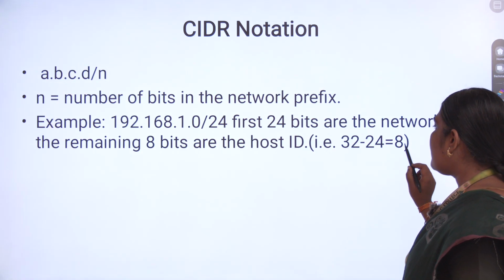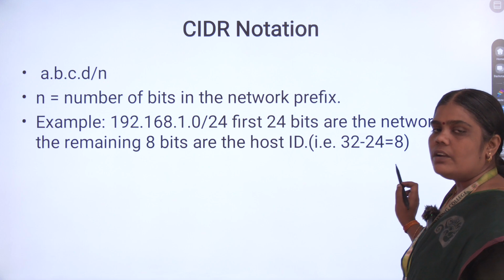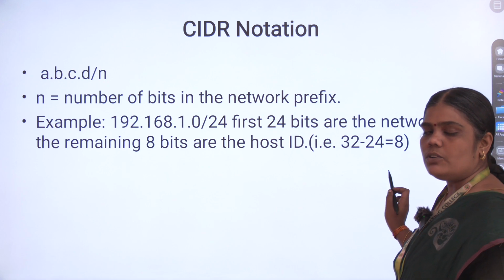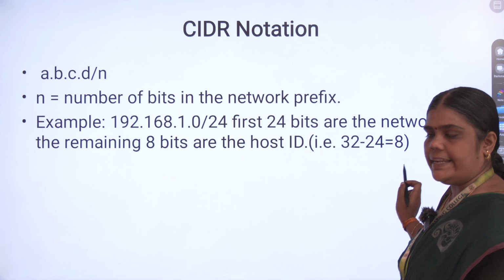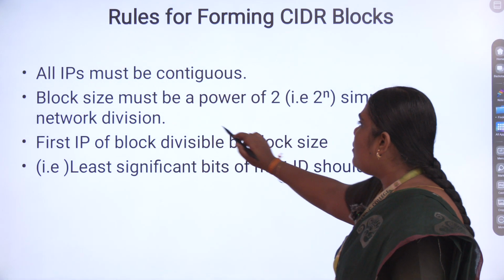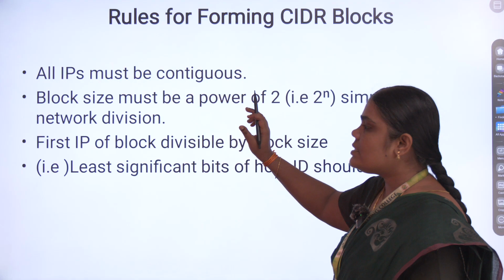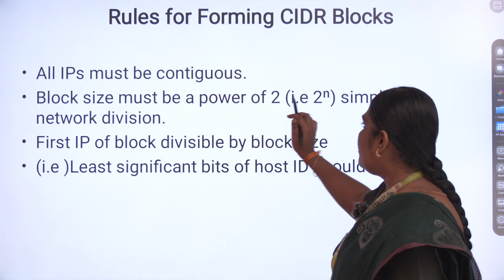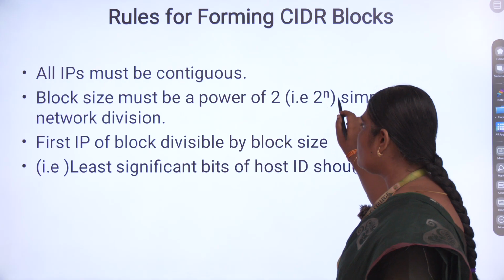This can be expressed as a power of 2, no? 2 power 3 is 8. So the block size, that is the host size, can be denoted in power of 2, that is 2 power n.